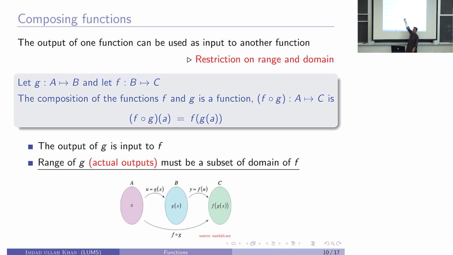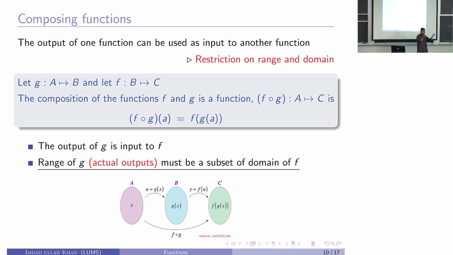A mouthful, but you know the words domain, range and codomain: the range of g must be a subset of the domain of f. Make sense? Because we first apply g, and on the output of g we apply f.